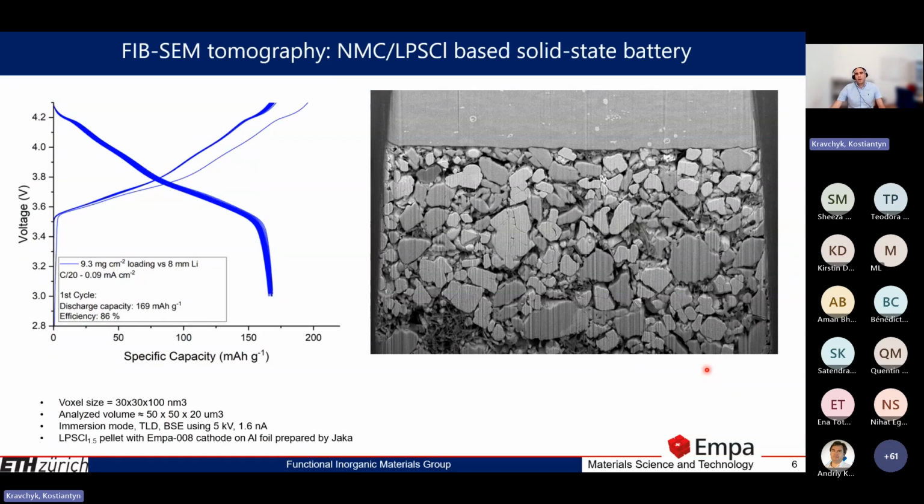Now, there is another aspect. What you can do with FIB SEM, you can do tomography as well.